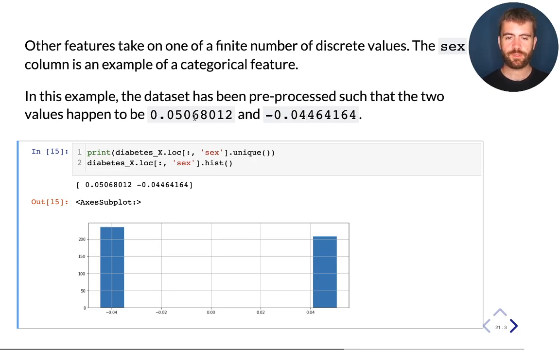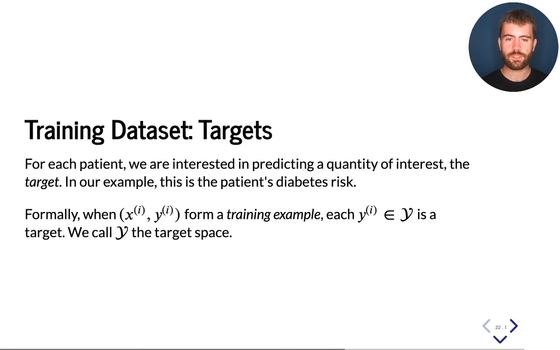They just happen to be set to these values because the data was normalized to have mean 0 and also a variance of 1. But the main idea here is that discrete features take on one of a finite number of possible values. In this case, they take one of two possible values. This distinction is going to be important later on for certain kinds of algorithms that we're going to see.